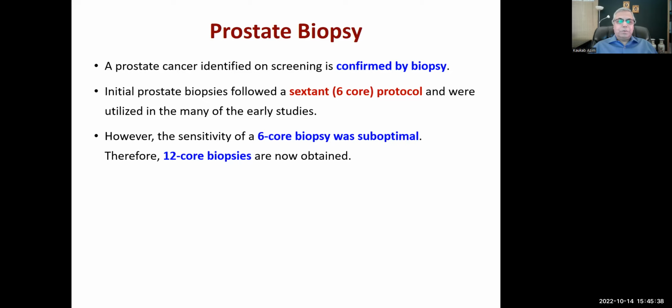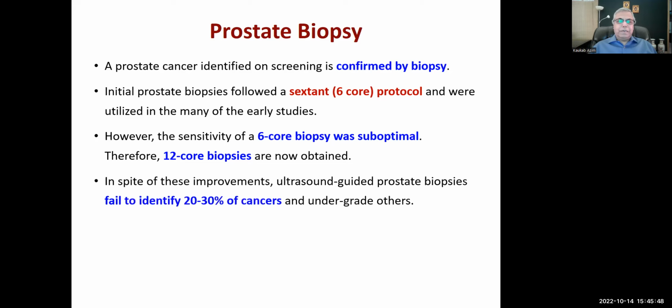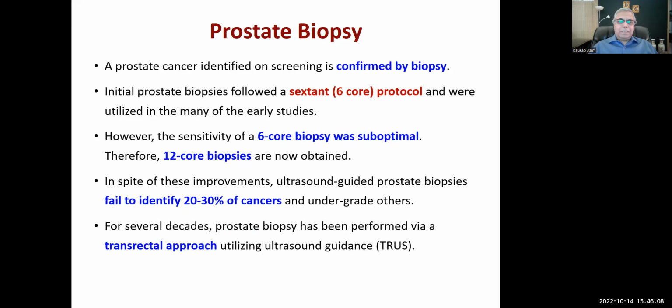Therefore, now most of the urologists and pathologists obtain 12-core biopsies, which means they obtain 12 small samples from different regions of the prostate gland. In spite of these improvements, ultrasound-guided prostate biopsies fail to identify 20 to 30% of cancers, or they undergrade the cancers, right? So we still have problems, although this is the best confirmatory test for prostate cancers.